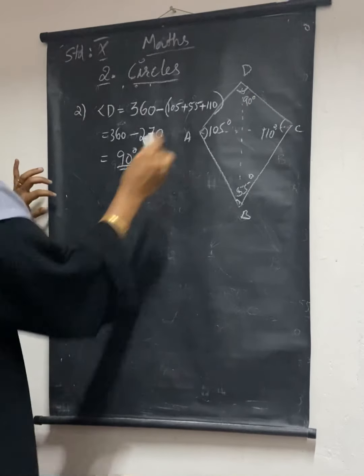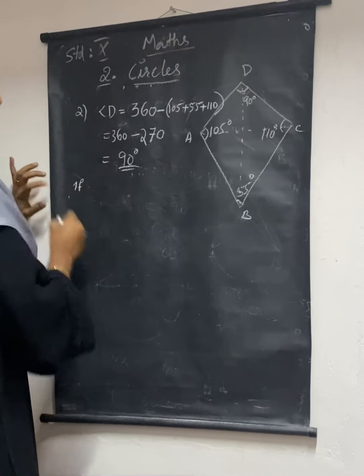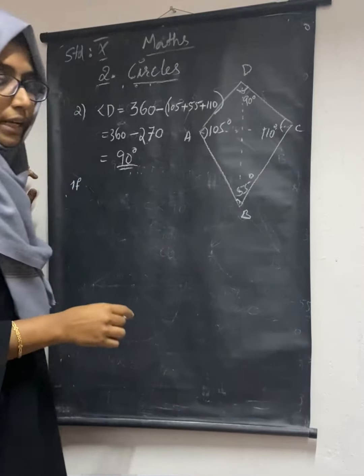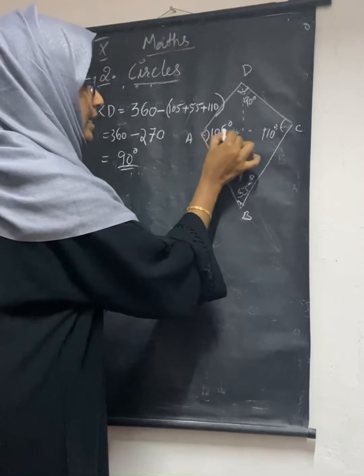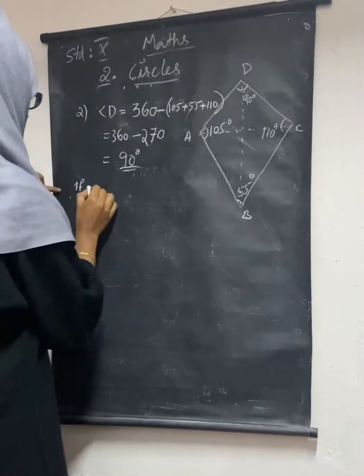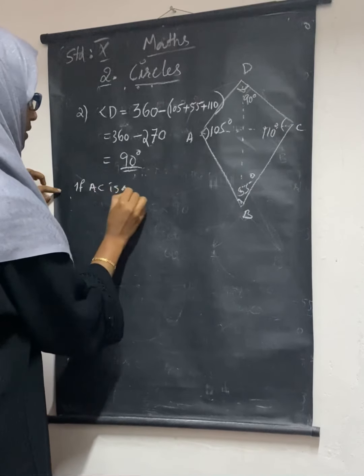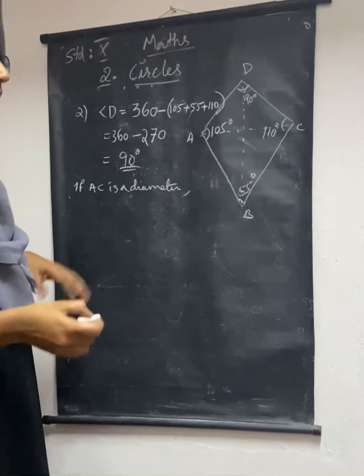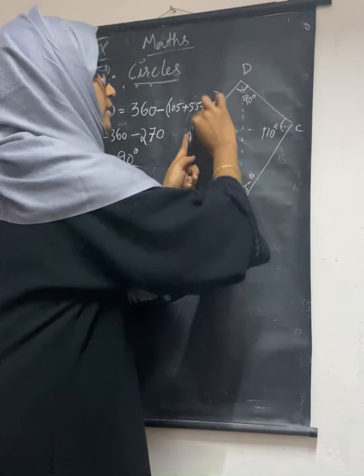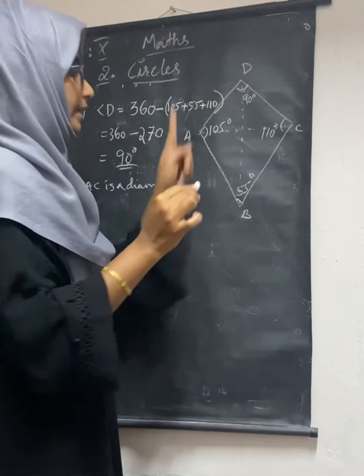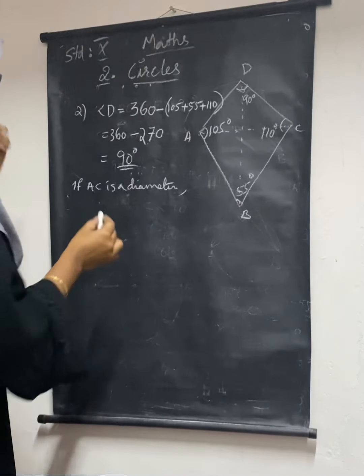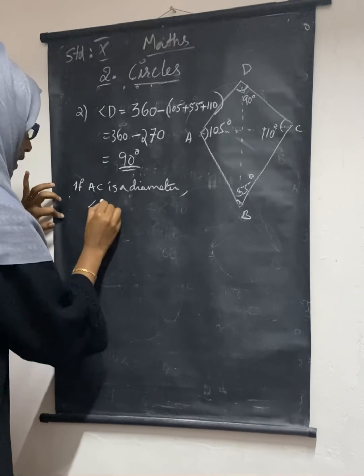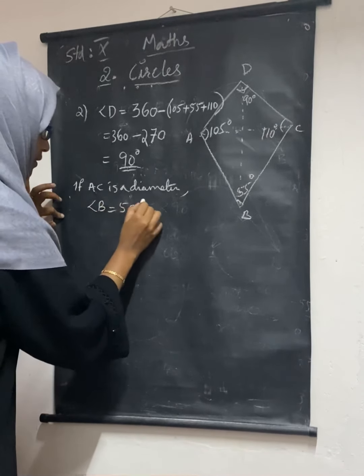Now, as they told us, we take the two diagonals as diameters. First I am taking AC, dotted line AC. If AC is a diameter, then the circle goes this way. Now angle D and angle B you have to say. Angle B is how much? 55 degrees.